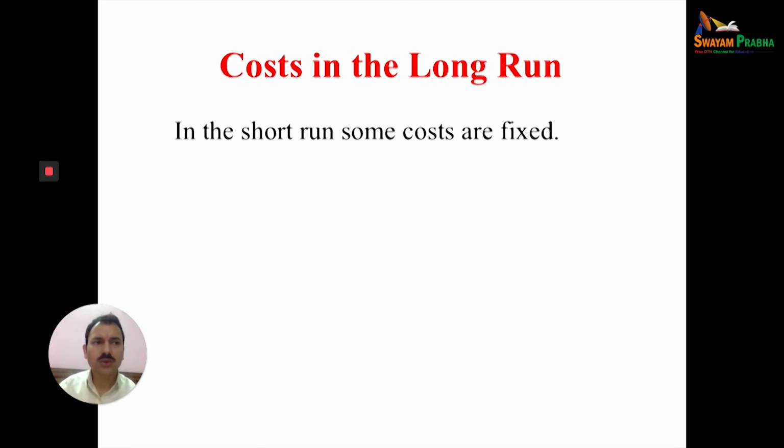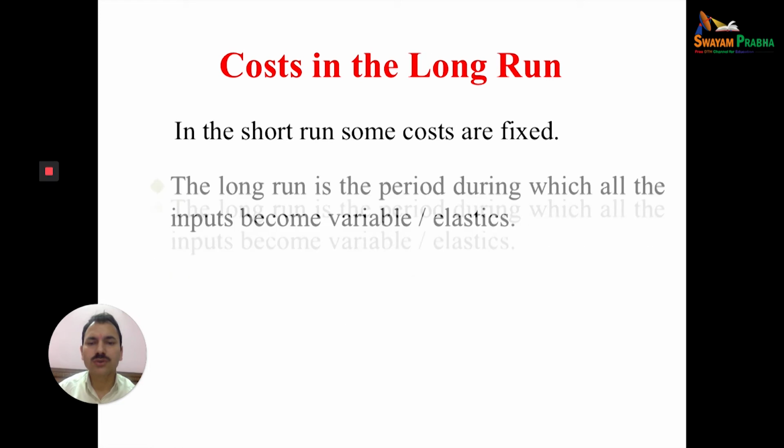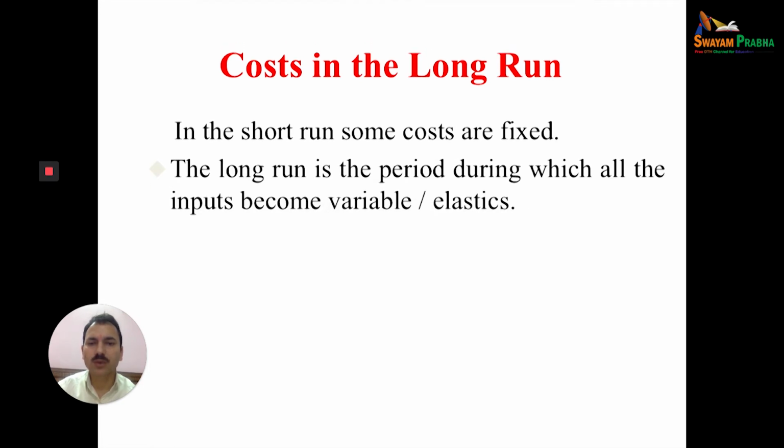In the short run, some costs are fixed, but in the long run all costs will be variable. The long run is a period during which all inputs become variable, elastic. There is no fixed factor of production.